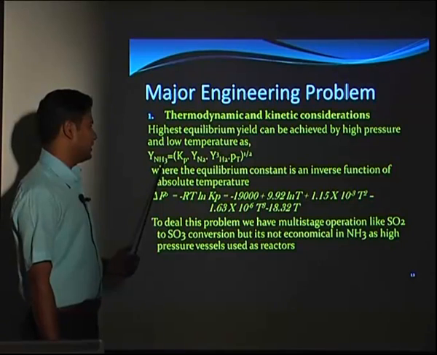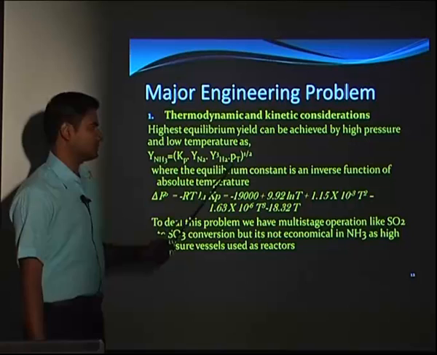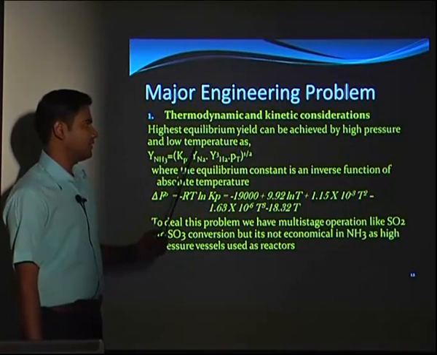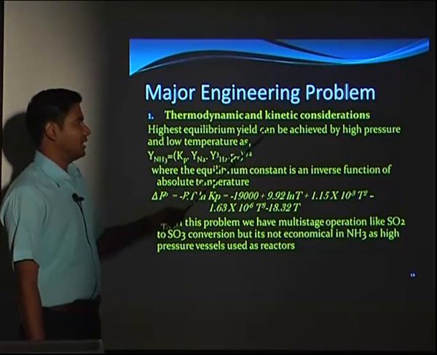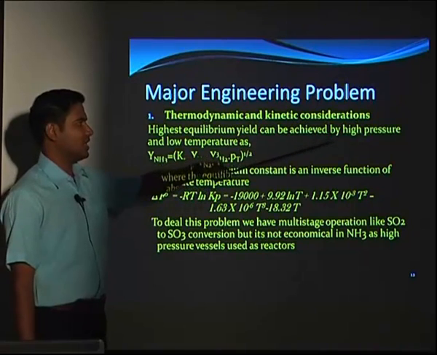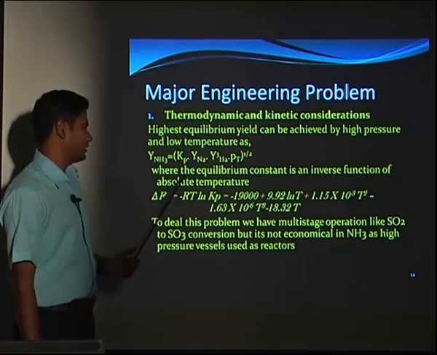The yield of ammonia we get when we have high pressure and low temperature. Since this is an exothermic reaction, low temperature will favor the forward reaction, whereas with high pressure, the reactant side is high, so it can push the reaction in the forward direction.